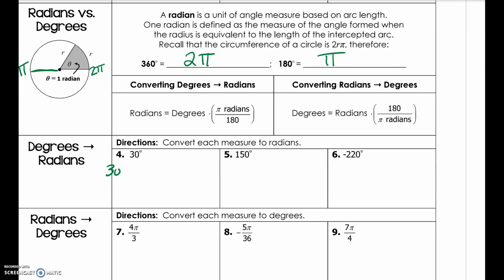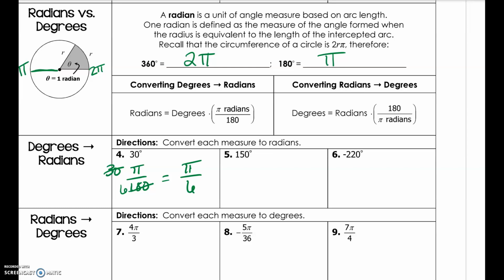Let's write this a little bit. All right, so 30 times pi over 180, the 30 over the 180 will actually reduce to pi over 6. And so 30 degrees is pi over 6 radians.